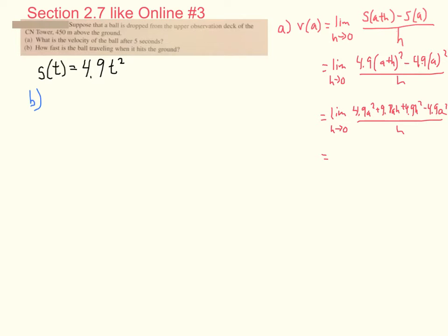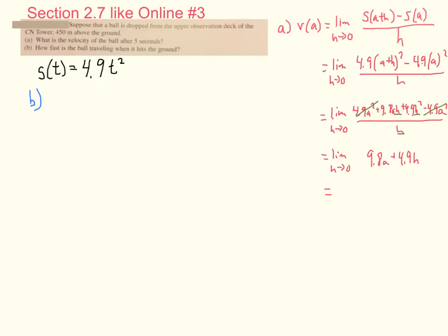Well, we note on the top that the 4.9a squared minus 4.9a squared is going to cancel out, and we also notice that both of these terms on the top have an h, which is going to cancel with our h on the bottom, and so we will have the limit as h approaches 0 of 9.8a plus 4.9h.